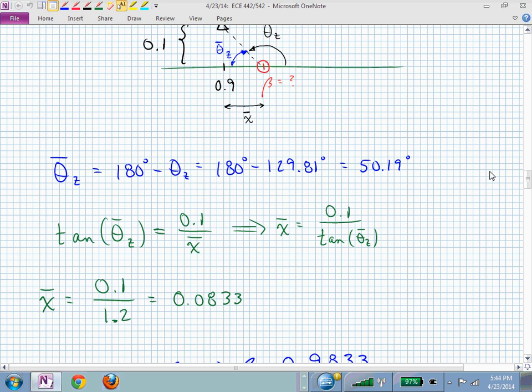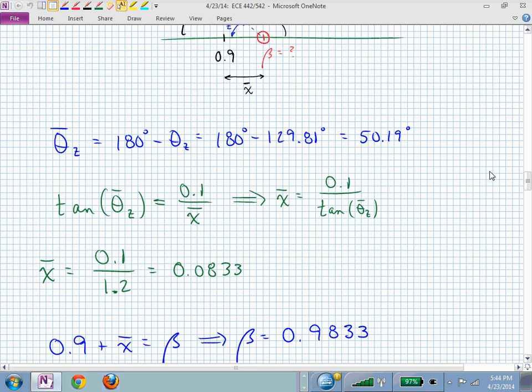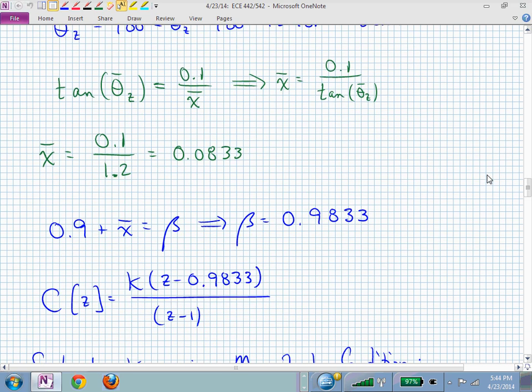X bar I can solve for, and it ends up being 0.0833, and we did this last time. But I'm going through it again because we're going to do it for another problem, and you'll see that these steps and the thought process are similar. We needed to add x bar to 0.9 to give us our beta. Beta is now 0.9833. That's pretty close to 1.